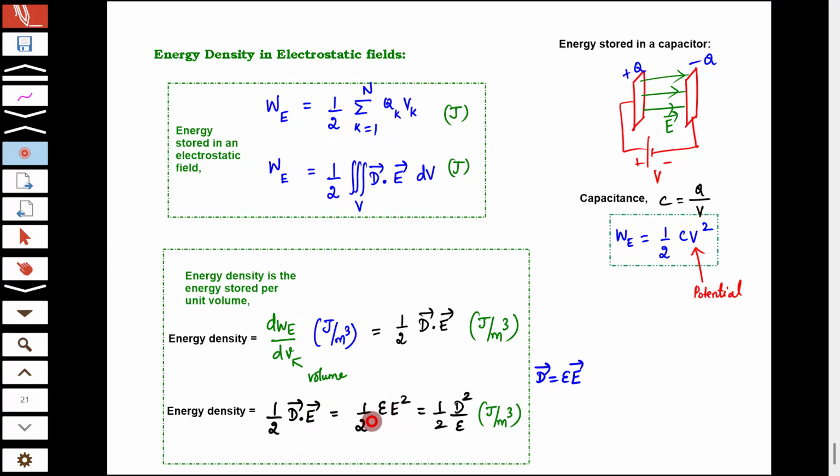Or if you want to write this entire expression in terms of purely D, E can be written as D vector by epsilon. So if we replace this E vector as D by epsilon, you'll be getting half D square by epsilon. So these are the expressions for energy stored in the electrostatic field and energy density of the electrostatic fields in terms of electric field intensity or electric flux densities.